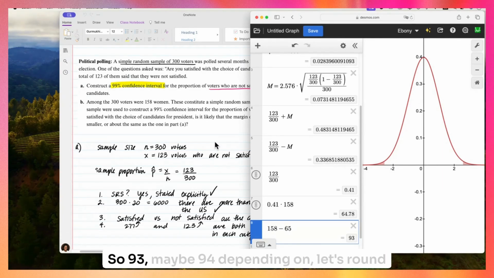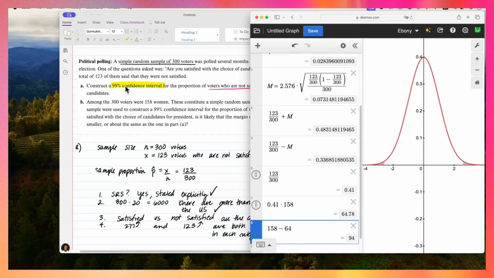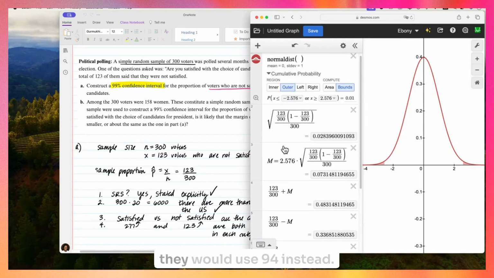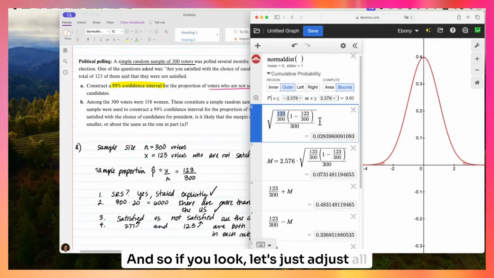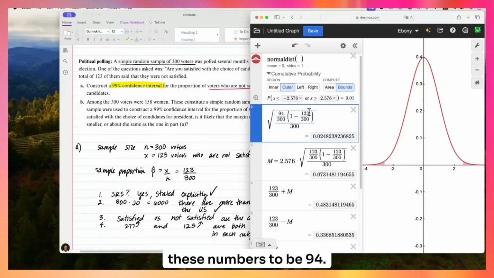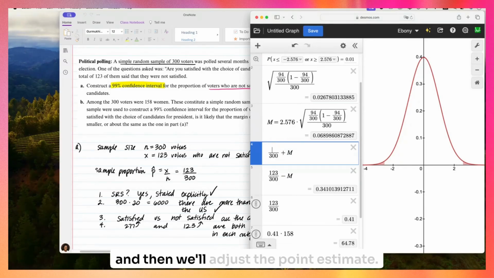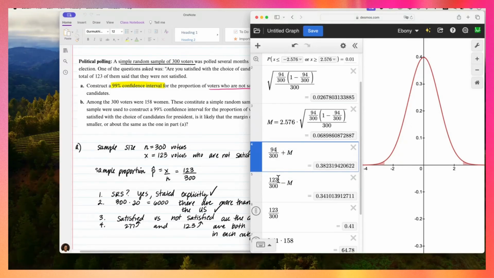So 93, maybe 94, depending on, let's round down. So 94. The calculations for this would change and they would use 94 instead. And so let's adjust all these numbers to be 94, 94, 94. Oops, typos. And then we'll adjust the point estimate.